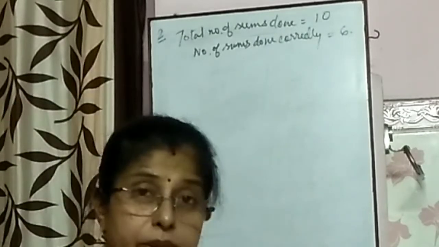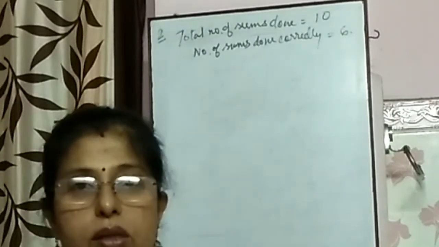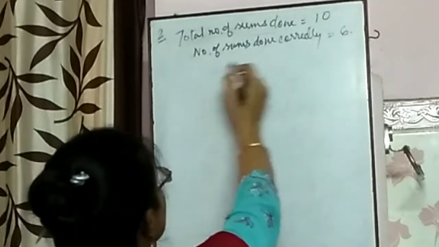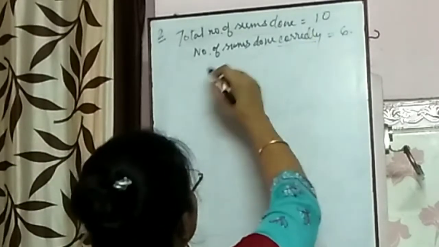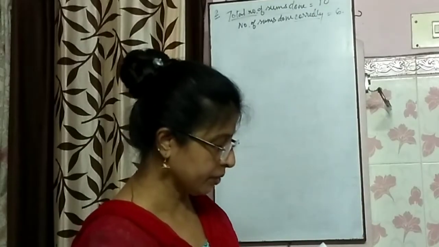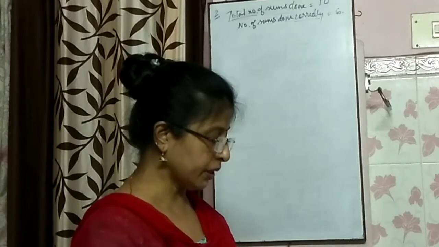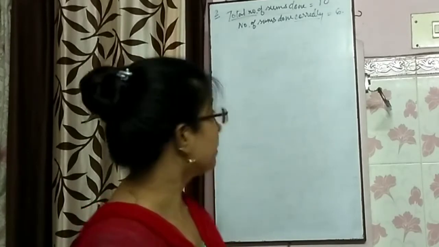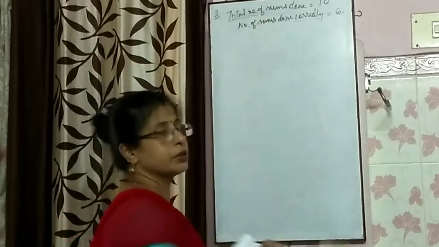Okay, but it's a very important thing that what you are going to find, that also must be present there. Here it is the sum done correctly and this is the total number of sums, but we have to find what is the ratio of the correct problems to the incorrect problems. I've written sums, you can write problem, same.